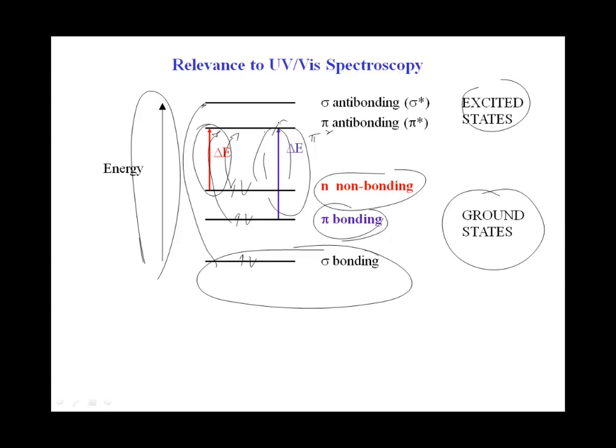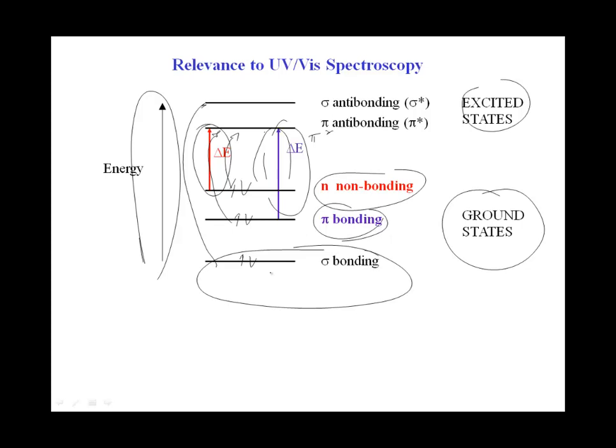So if you irradiate your molecule with UV visible light, then you can induce these transitions. What you find is that for sigma to sigma star transitions, or sigma to pi star transitions, the gap is too big. That would fall at higher energy regions of the electromagnetic spectrum, up in the X-ray, gamma ray region.